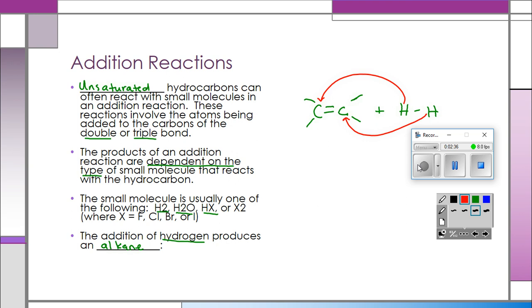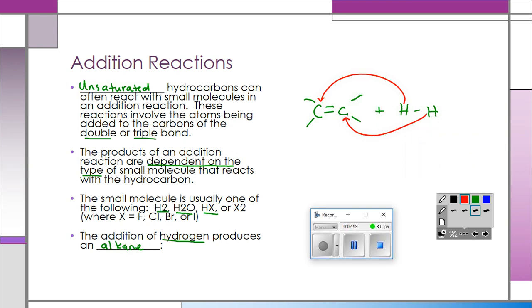Is there a rule about which one goes where? No. I drew them this way because that looked nice with the arrows. That's really all. Because they're both hydrogen atoms, I could do this or I could reverse it and put the first hydrogen on the second carbon, but I would end up with the same outcome. So when I'm doing this, what do I get overall?